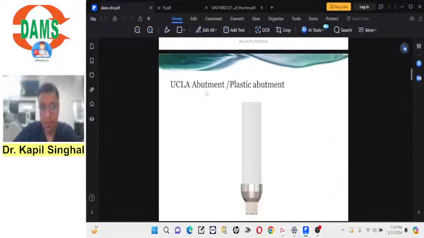There is one more type of abutment that is known as UCLA, because it was found at the University of California.